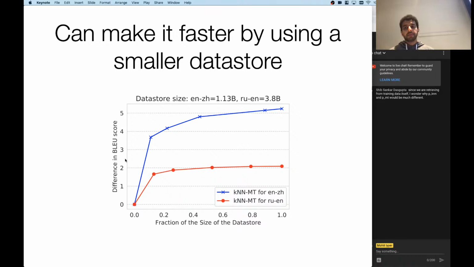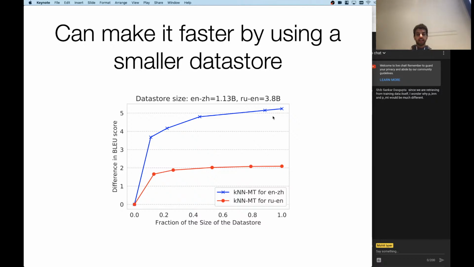So you might be wondering, do I actually have to retrieve over every possible token in the data store, or can I downsample my data store to something smaller to make it faster while still getting the gains that I want? They show you here, the blue curve is English to Chinese, and the red curve is Russian to English, and the y-axis is the difference in BLEU score when you increase the data store size. On the x-axis is what percentage of the data store is used during retrieval.